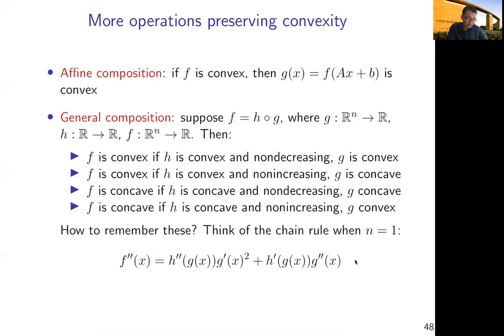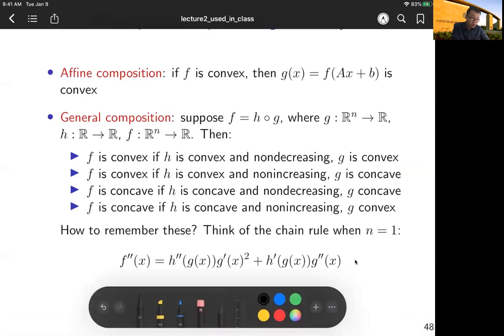More generally, we can use calculus to come up with a set of sufficient conditions that retain convexity when we compose functions. Okay, so first of all, people may not be familiar with this notation, h of g. Basically, this notation means that I'm passing the output of function g to h, so h∘g of x is equal to h of g of x, right?